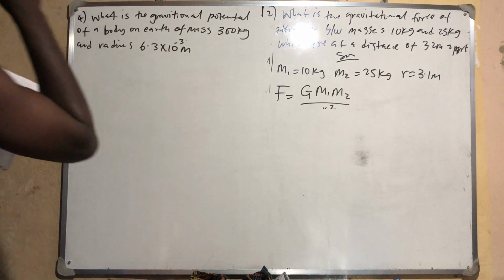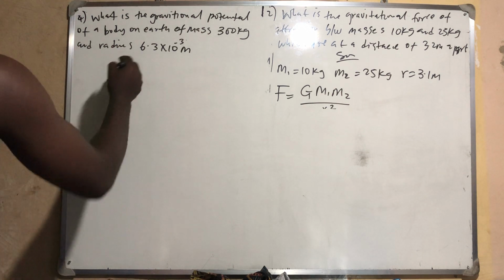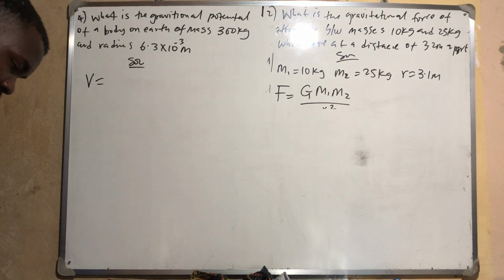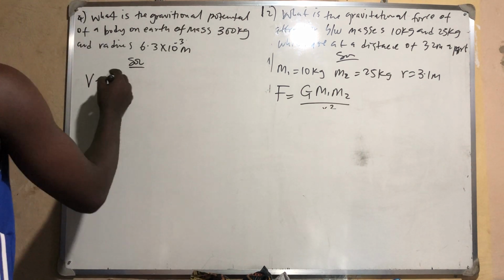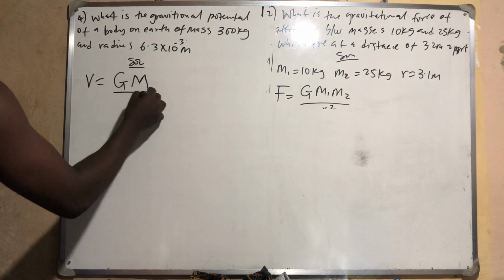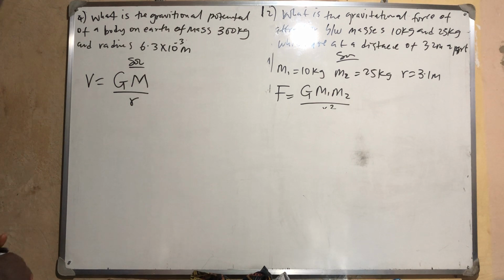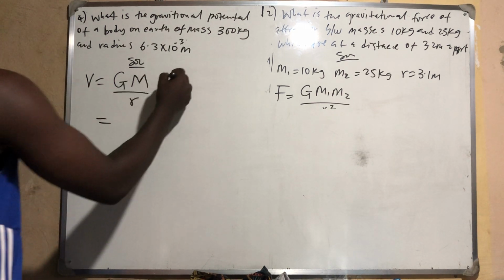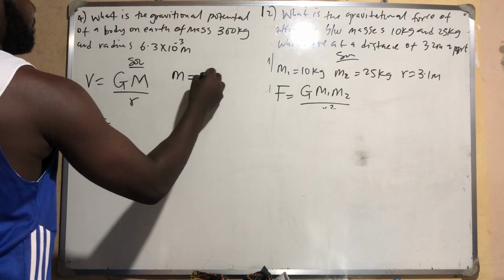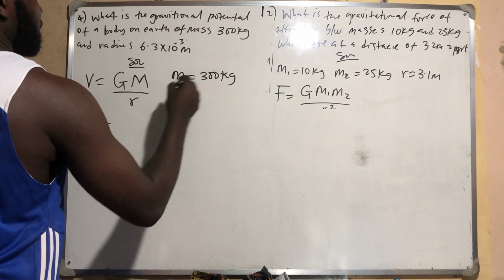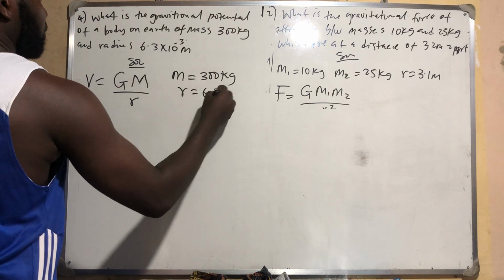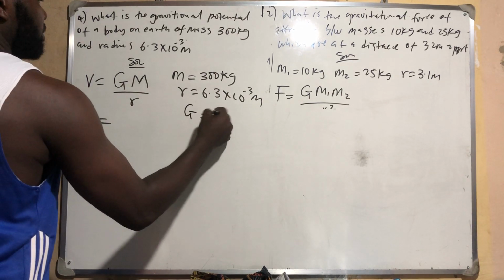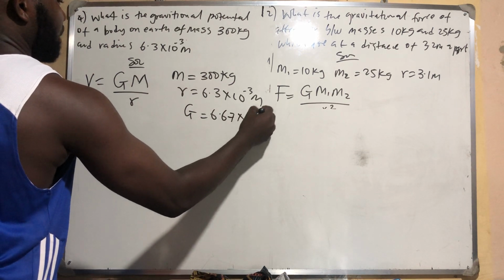Okay, now the solution. I told you that V is equal to Gm over R. That is your gravitational potential. The mass they gave me is 300 kg, and then they gave me R as well, 6.3 times 10 raised to power minus 3 meters. My G is always constant, 6.67 times 10 raised to power minus 11.